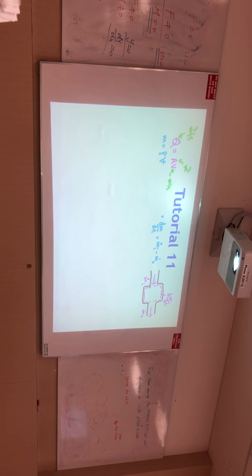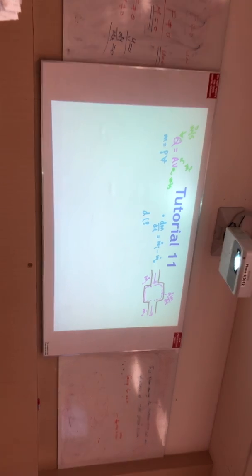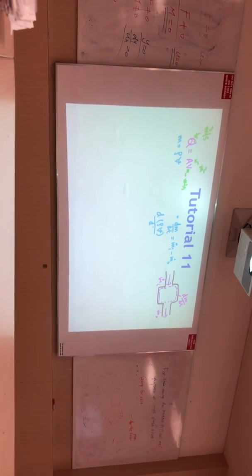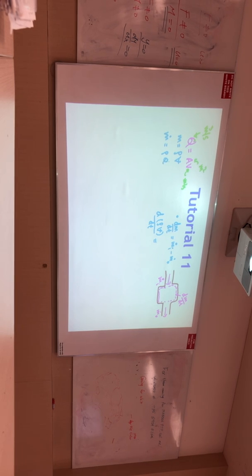I can write d(rho V) by dt is equivalent to m dot, which is rho times the volumetric flow rate, so rho times Q. Or in thermodynamics we write this as V dot. You remember, V dot is Q.